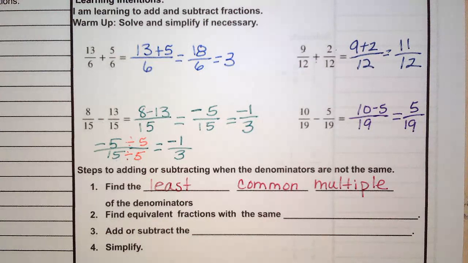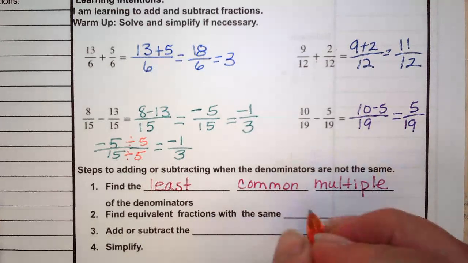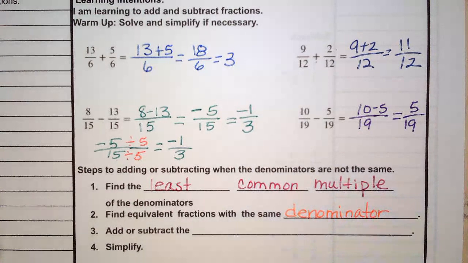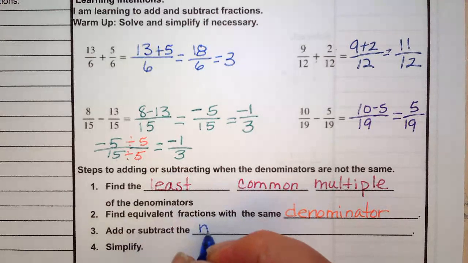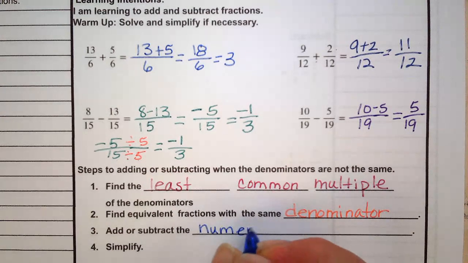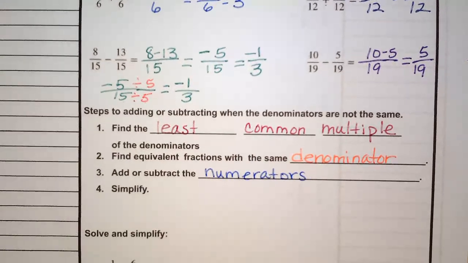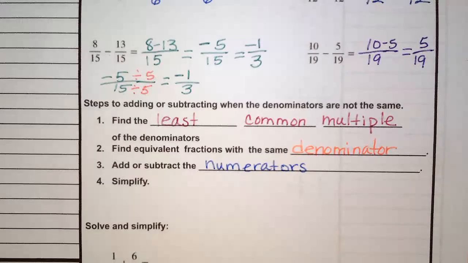Then you find equivalent fractions with the same denominator. Add or subtract the numerators. Then you simplify. Okay, denominator is a number on the bottom of your fraction. Numerator is a number on top.